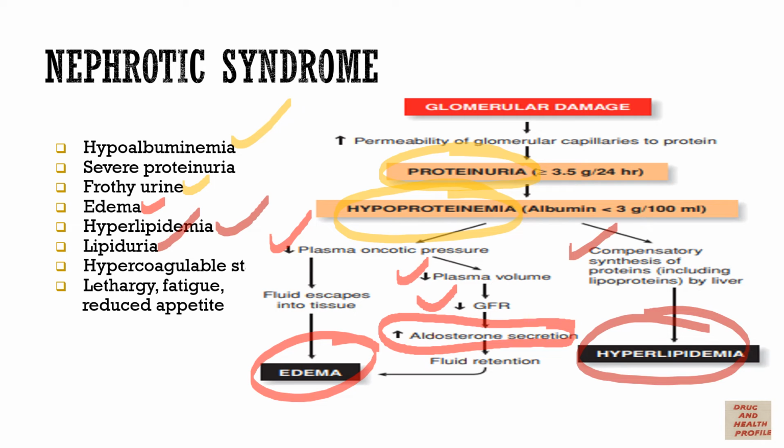There is also another important protein lost in this condition, and that is AT3, antithrombin 3. This leads to hypercoagulable states, which leads to DVT, deep vein thrombosis, and PE, pulmonary embolism. There are also other signs and symptoms for the nephrotic syndrome, that is lethargy, fatigue, and reduced appetite.